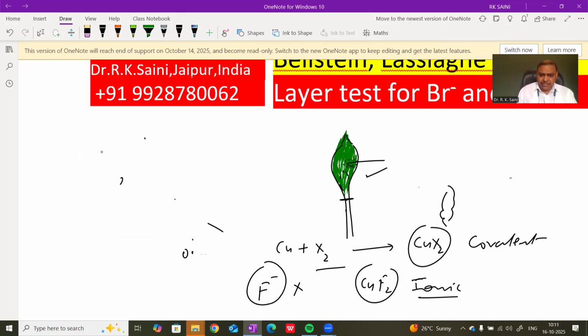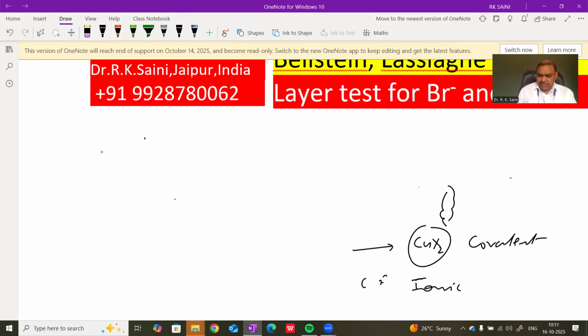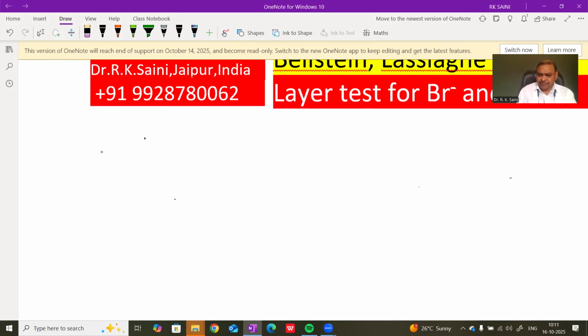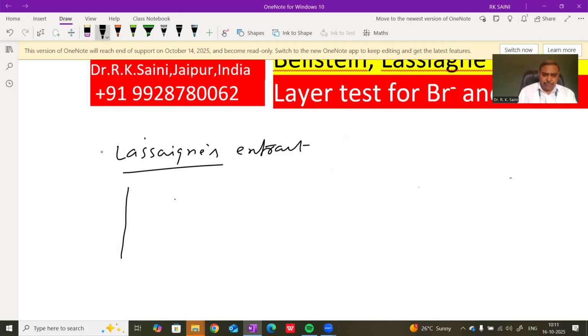Next, the second test is the Lassaigne's extract test. In the previous class, I told you how to prepare Lassaigne's extract. Once more, the formation of Lassaigne's extract: we take an ignition tube, then small pieces of sodium, add the organic compound, and heat the ignition tube to red heat.